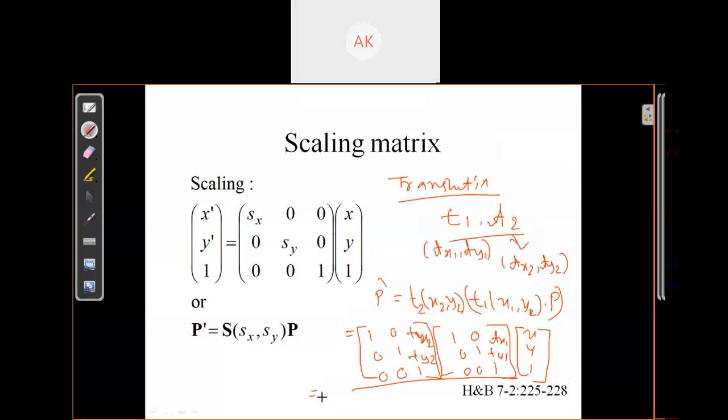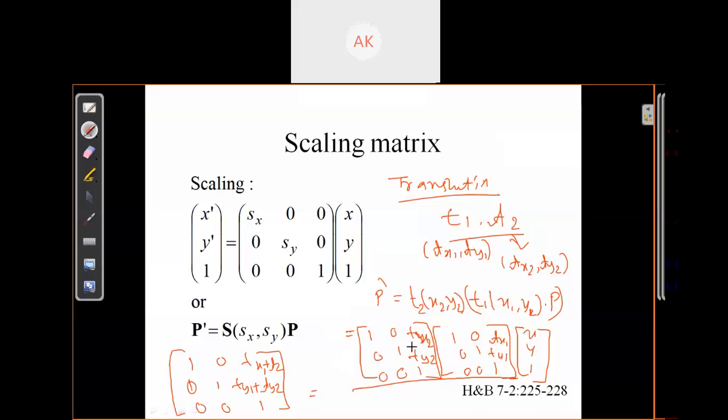When you multiply these matrices, I'm just writing the result you will get: 1 0 Tx1 plus Tx2, 0 1 Ty1 plus Ty2, 0 0 1.